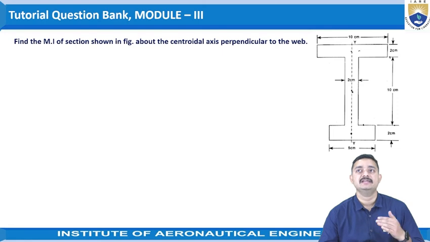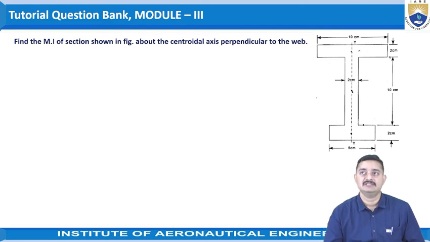Now let us go to the next similar problem wherein we are going to identify the moment of inertia for an I section. The problem given is: find the moment of inertia of the section shown in the figure about the centroidal axis perpendicular to the web.